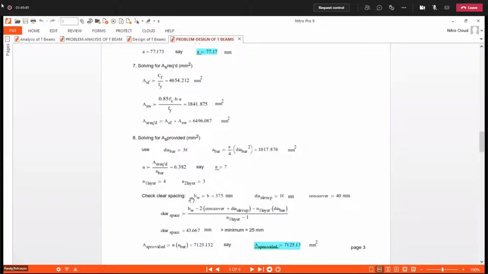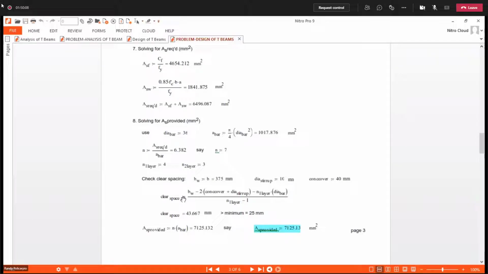So we will check if 4 bars is okay for 1 layer. Kailangan i-satisfy natin yung minimum clearance ng ating mga reinforcement. So it shows here that the clear spacing for 4 bars in 1 layer is 43.67.